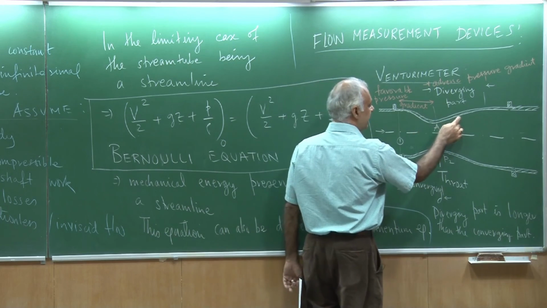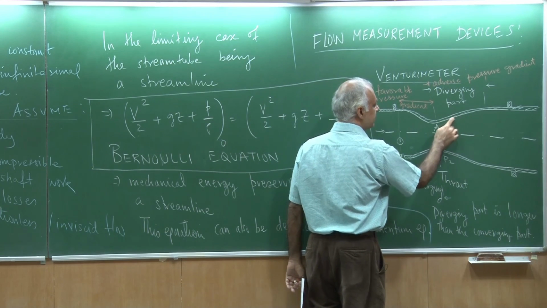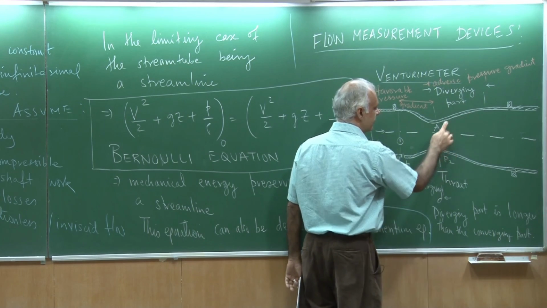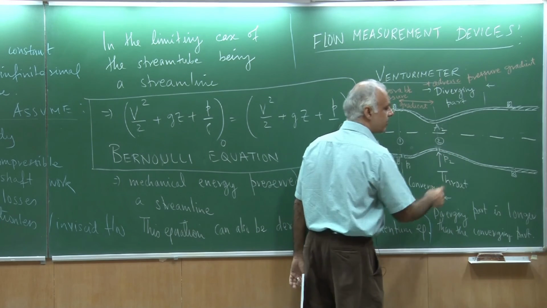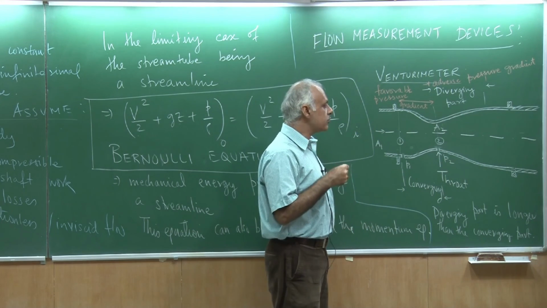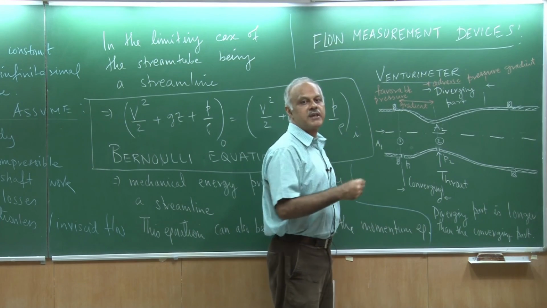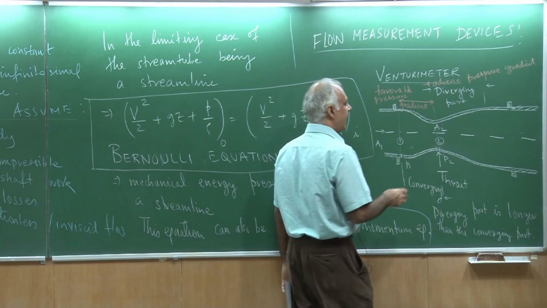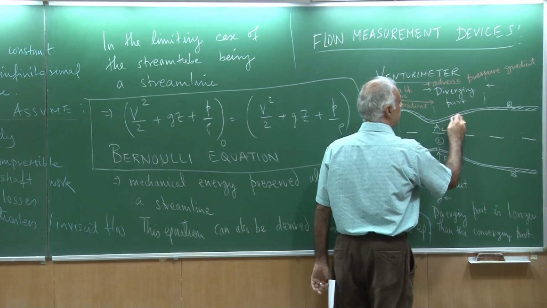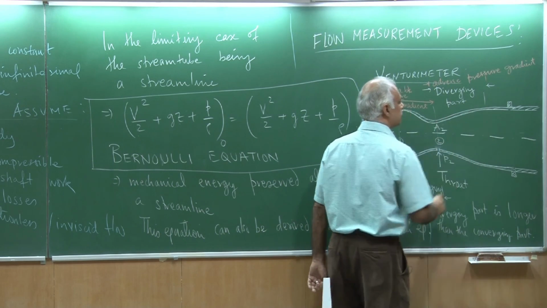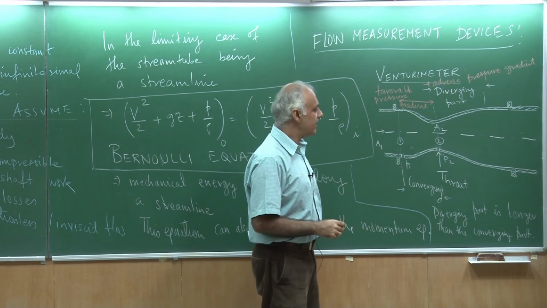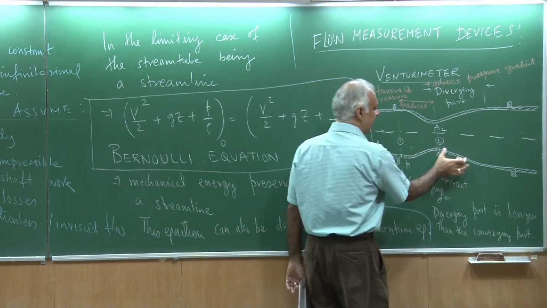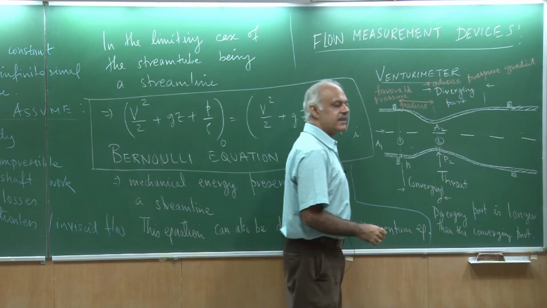On the other hand, if I am a fluid particle which is travelling on this part of the diverging section, I am moving towards an increasing pressure, and that causes me to separate. So, I could actually separate from this wall because it is a curved wall, and if the divergence angle is too much, then it can lead to losses.